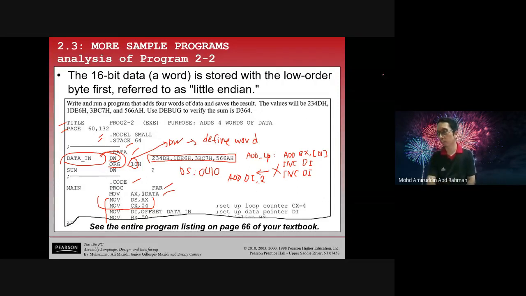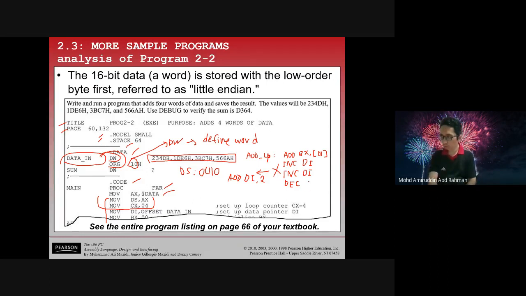Once we do the increment, we do the decrement. We decrease CX. CX is initially 4, and once we decrease it becomes 3, then loop again, becomes 2, loops again, becomes 1, loops again, becomes 0, and then it will stop, because we put the instruction jump not zero.